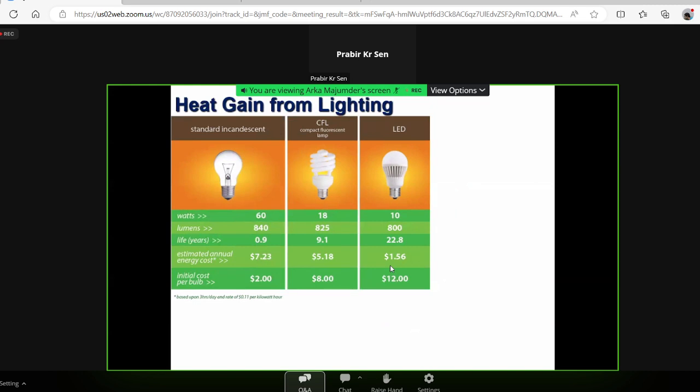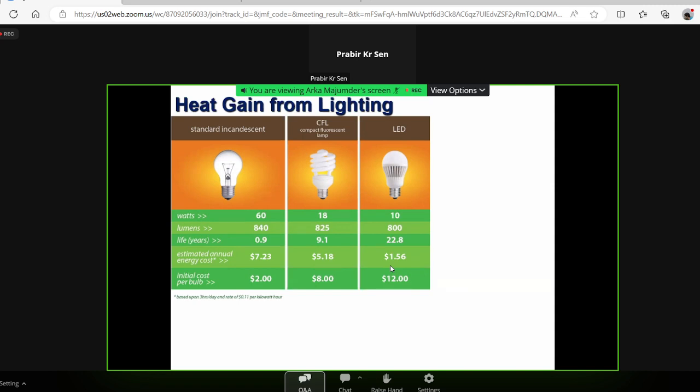Now you see, for an office, normally about 800 lumens is needed. One is 840, one is 825, another is 800. You need a 60 watt light to produce 800 lumens, whereas you need only an 18 watt light to produce 800 lumens.